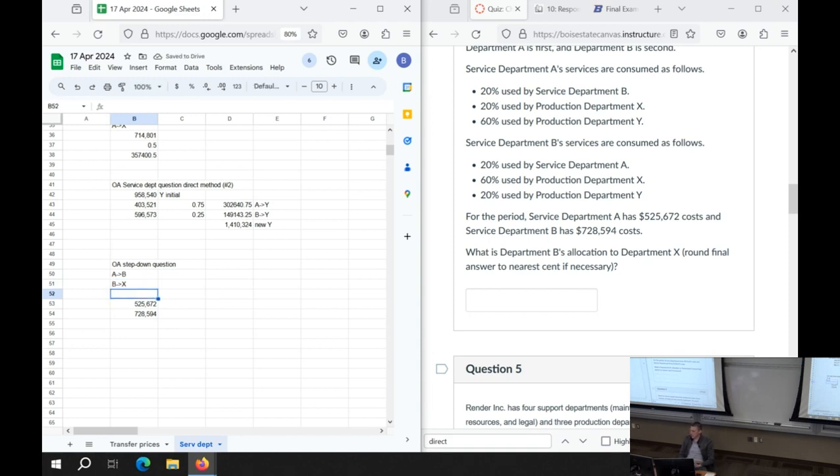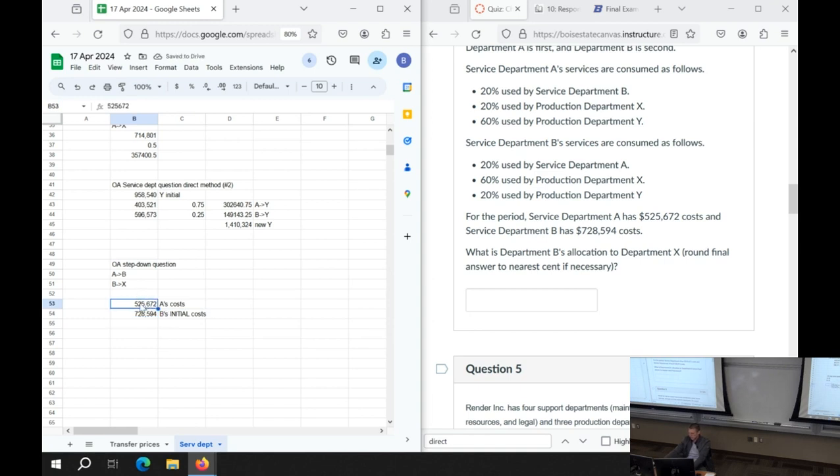Now, remember, the reason we need to know A to B is because we're going to change B's cost. This is B's initial costs. I want to emphasize that because inevitably that's something that gets forgotten in the process, that we're going to update this.